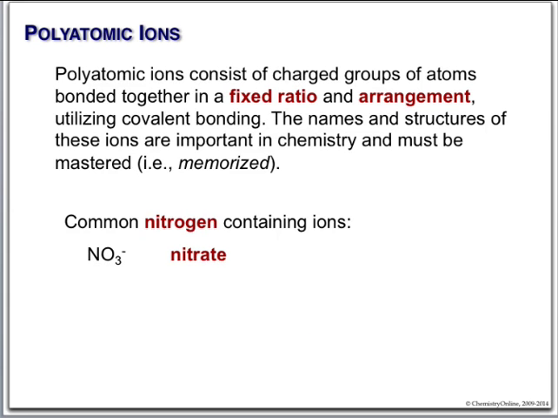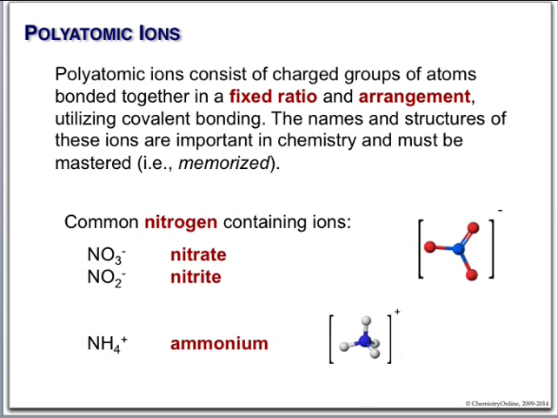These are nitrogen-containing ions. Our parent here is nitrate, NO3, charge is -1. If we take one oxygen away, we make it nitrite. These are the only 2 you need to worry about. The only positive polyatomic ion we're going to deal with is NH4+, ammonium.